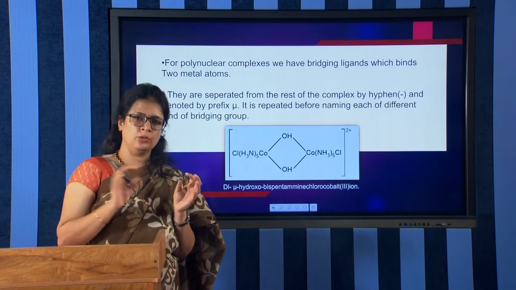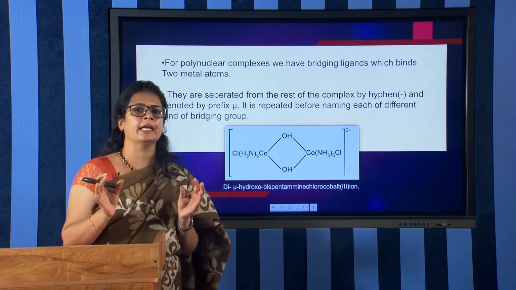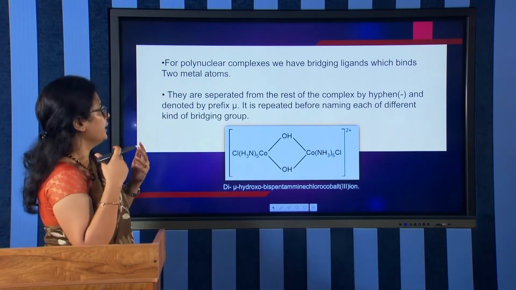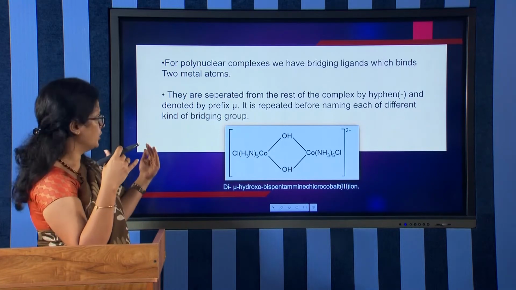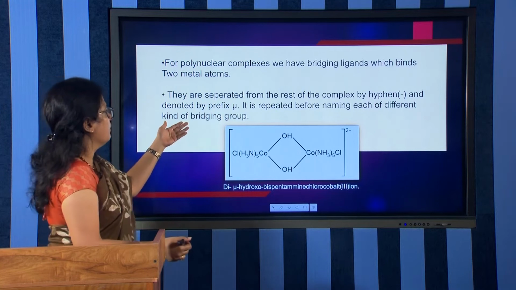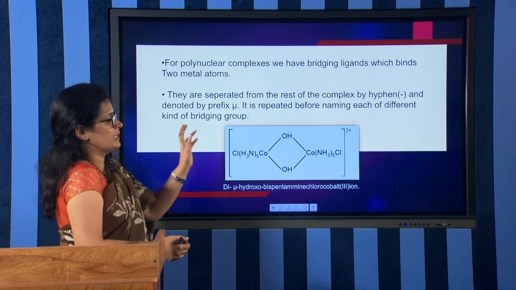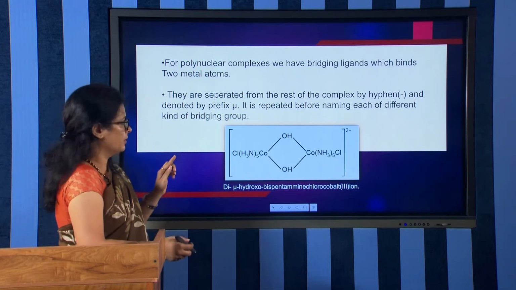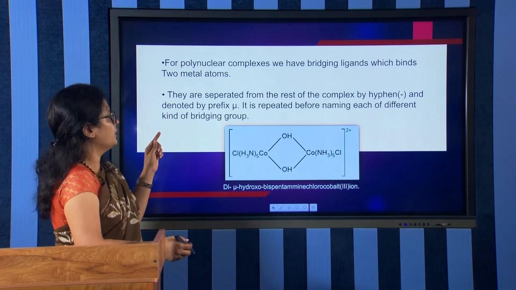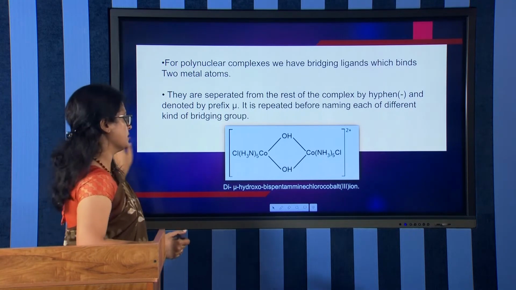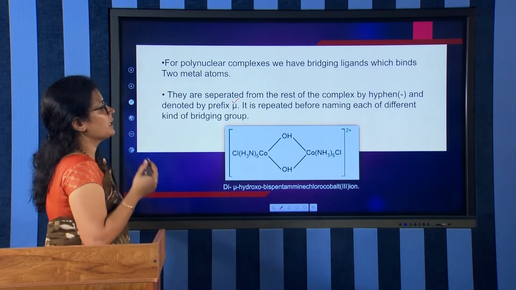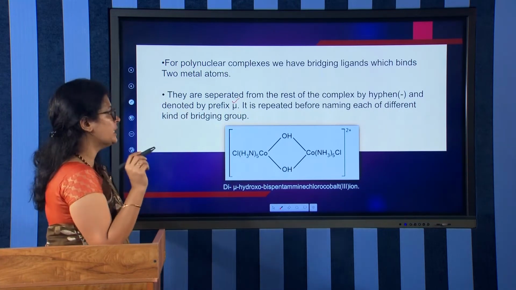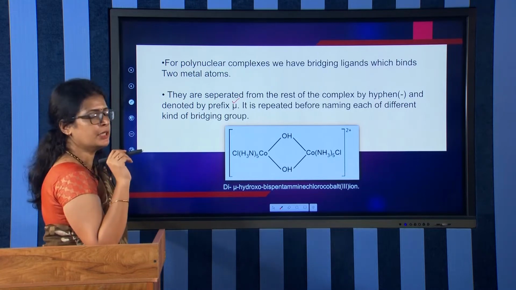In those cases, we have a bridging ligand, and in polynuclear complexes, the bridging ligands should be named according to the rules given below. They are separated from the rest of the complex by a hyphen and then denoted by the prefix mu. This is mu. And it is repeated before naming each different kind of bridging group.